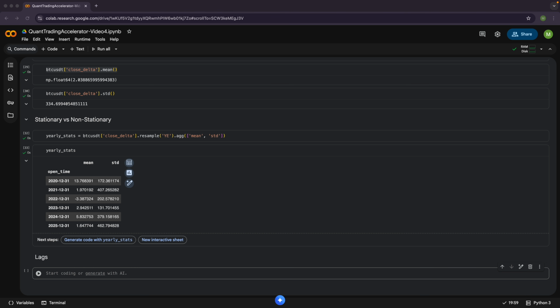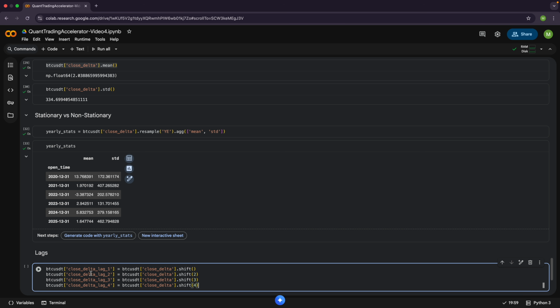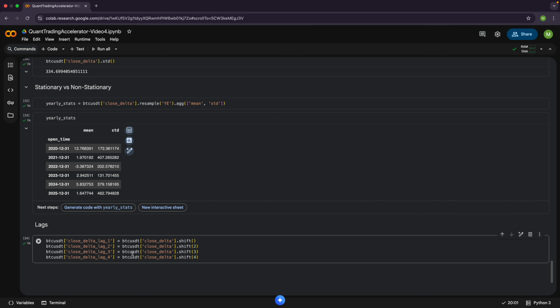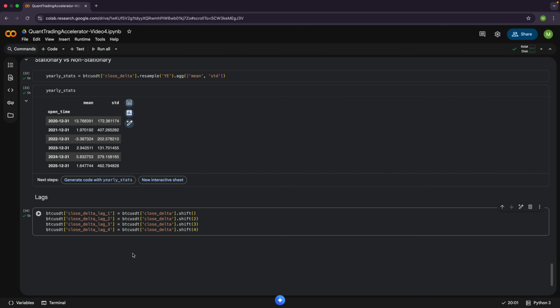So what we'll do is take the closed delta and create what are called lags. It's very common in econometrics and time series analysis that you want to predict future values in the time series from the previous known values.